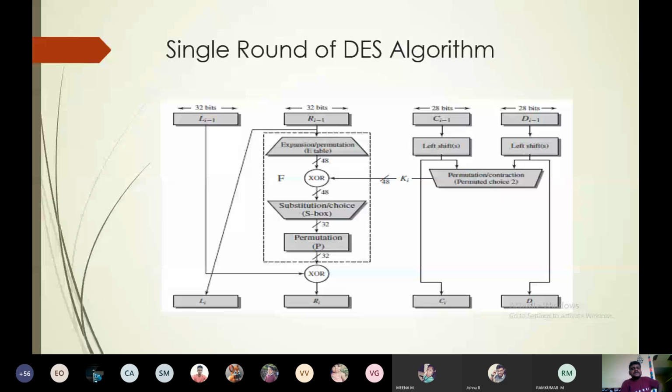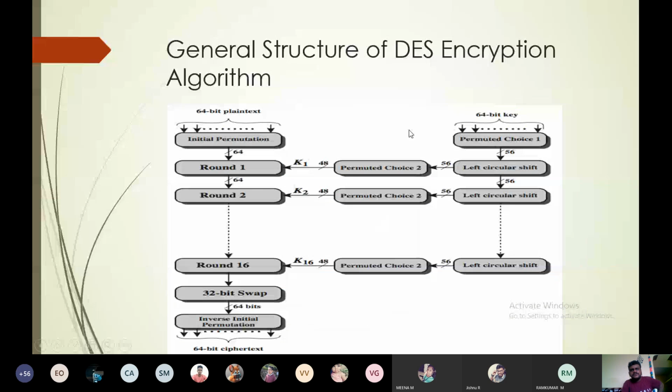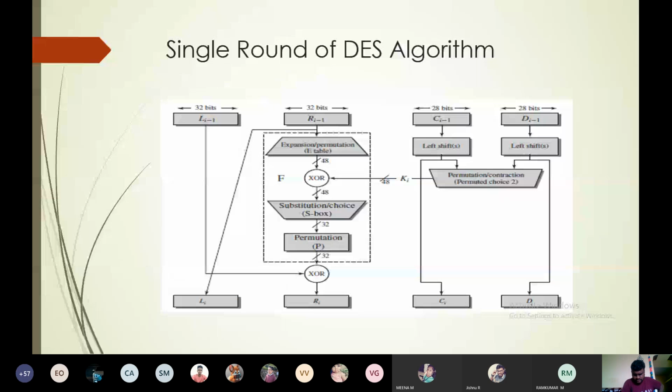And I can perform the XOR function here, with that key. So coming back to the key side, in the first diagram itself we have seen permuted choice 1 giving 56 bits.